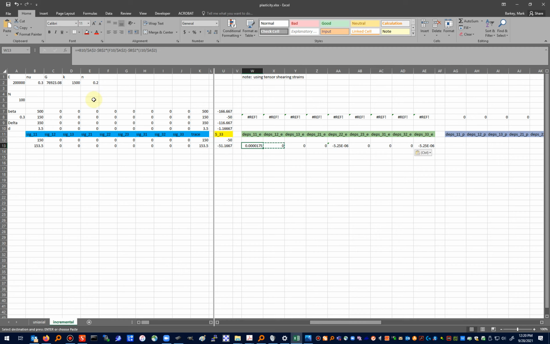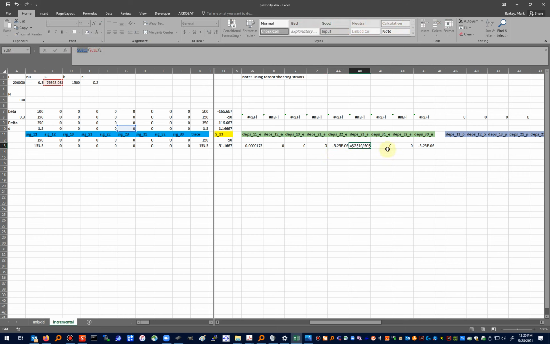Now, since we're dealing with a fixed increment of stress, I'm going to put a dollar sign on those terms. And to do that, I'm hitting the F4 button.